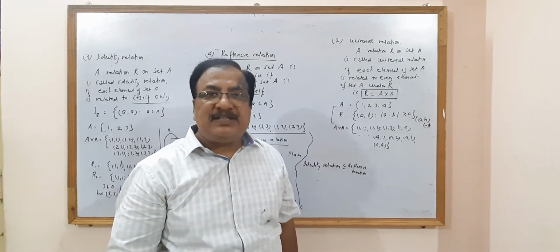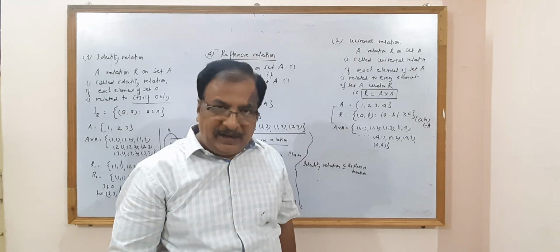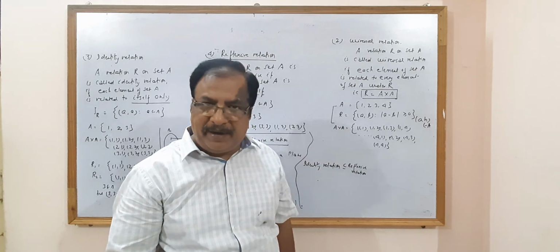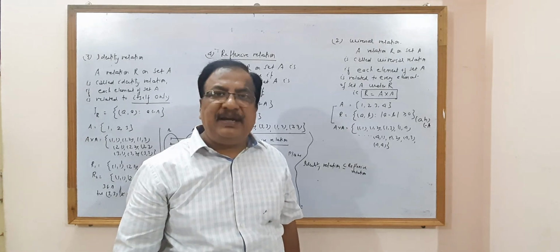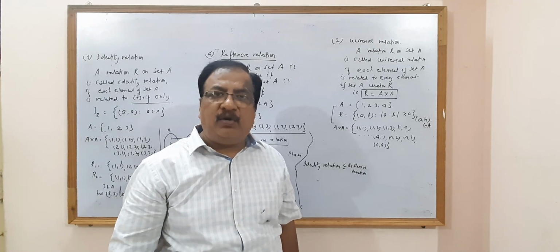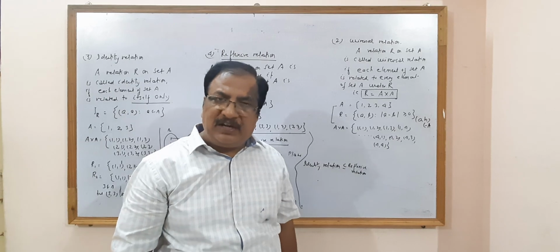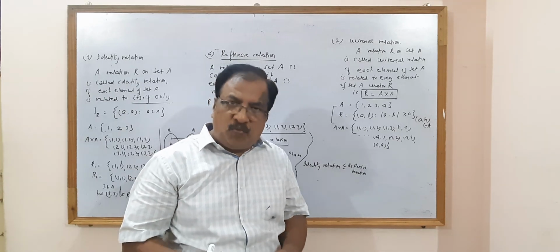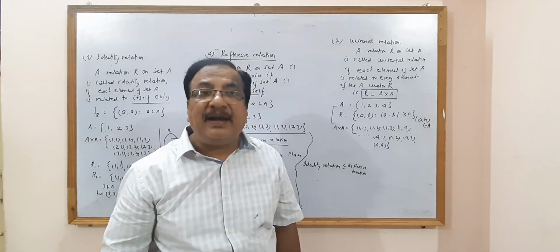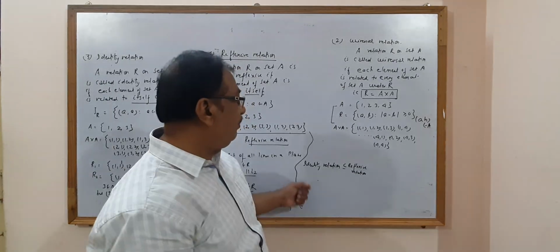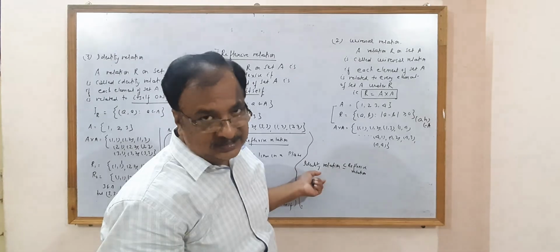Suppose A has 3 elements, 1, 2, 3. The identity relation will have only 3 elements: (1,1), (2,2), (3,3). But the reflexive relation, besides (1,1), (2,2), (3,3), may have other elements of the ordered pairs of A cross A. This is the difference.